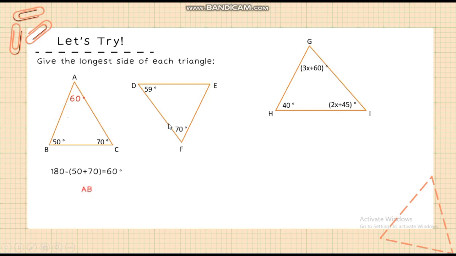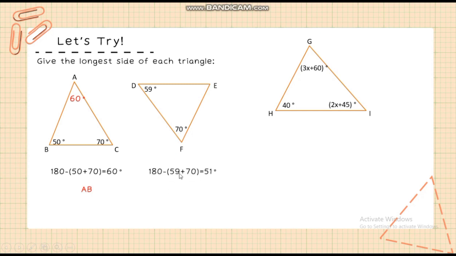Now let's have this another triangle. It's triangle D, E, and F. Now we are going to do the same as what we did to triangle ABC. We are going to identify the measurement of angle E by knowing the difference of 180 degrees and the sum of 59 degrees and 70 degrees.